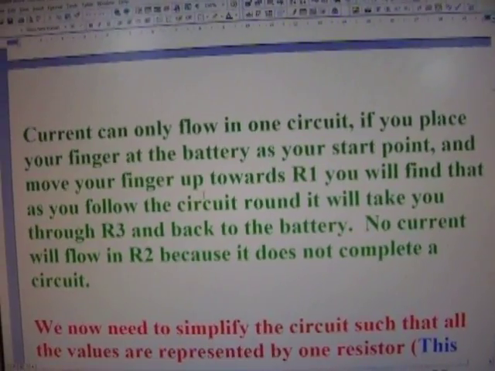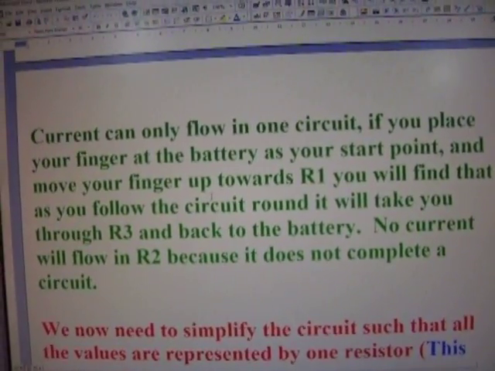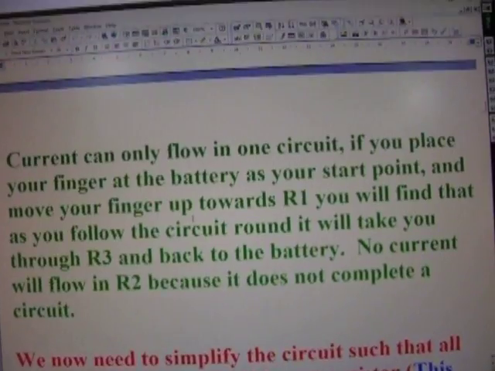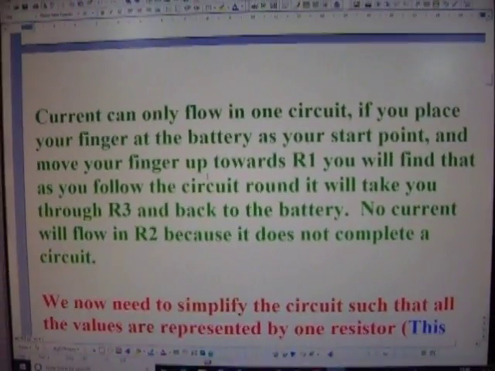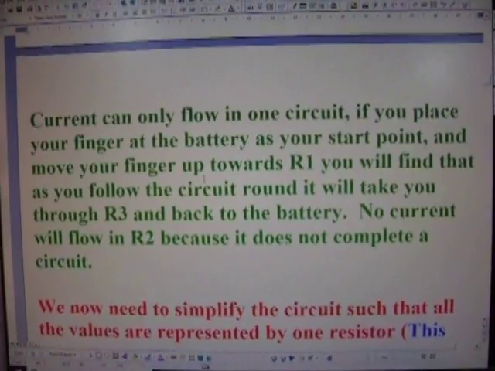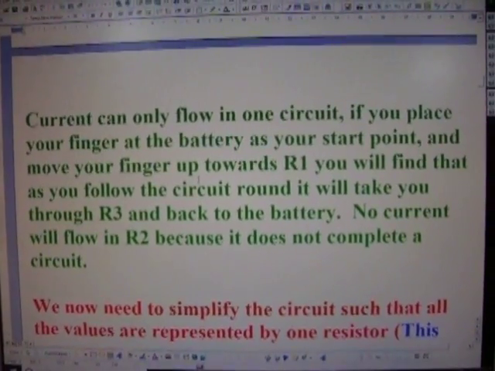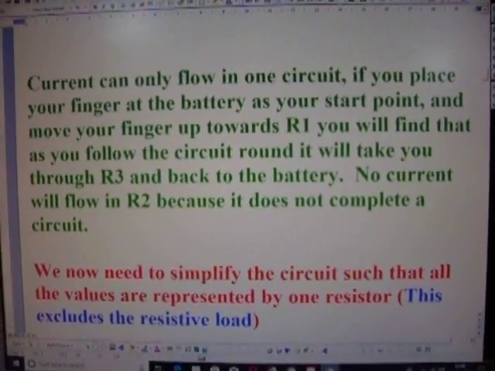Now, what I'm looking at here is just to indicate that you can only have current flowing in one particular circuit, and I've simply recommended here that you use your finger starting from the point of the battery and follow the circuit round. Okay.